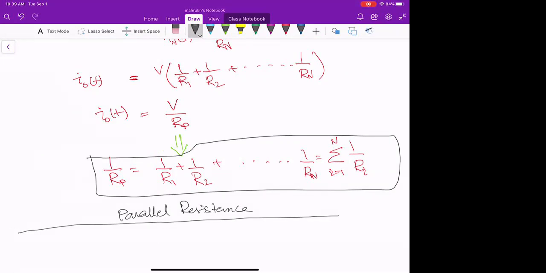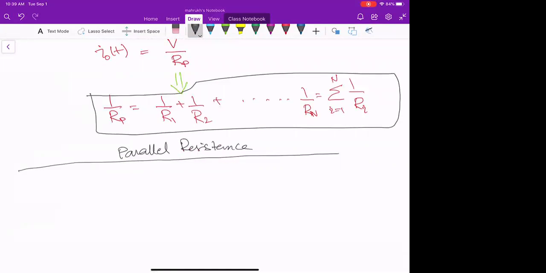You will learn that in ENG 214 as well. So RP is the parallel resistance.